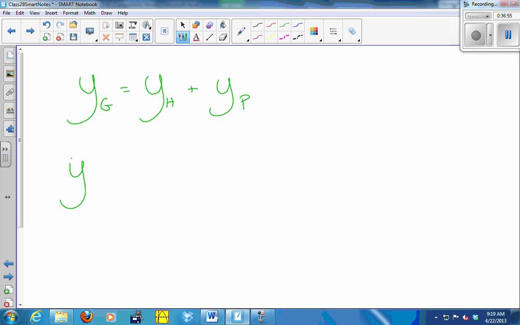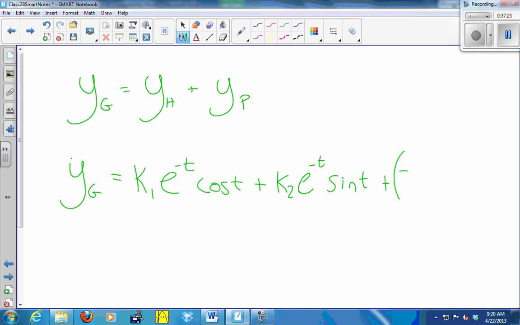So the general solution to the forced equation is equal to the general solution to the unforced equation, which was k1 e to the negative t cosine t plus k2 e to the negative t sine t, and then add the particular solution we just found, which was negative 2/5 cosine t plus 1/5 sine t. So there's our general solution.